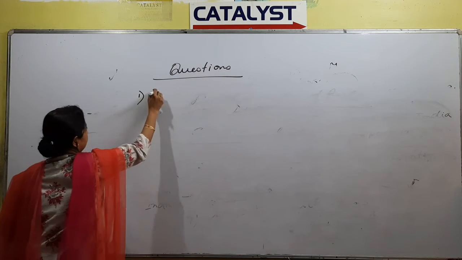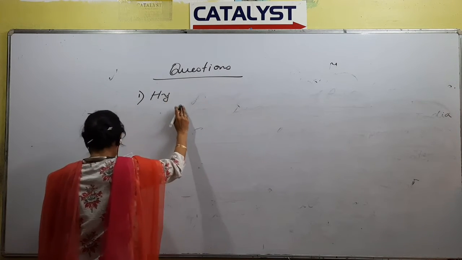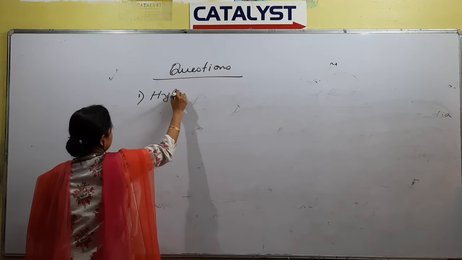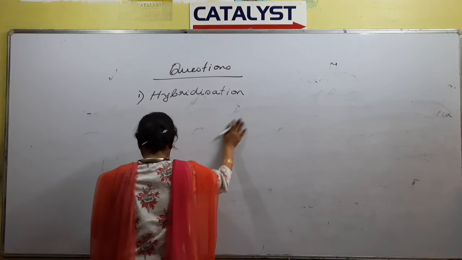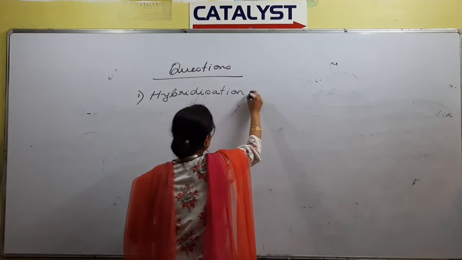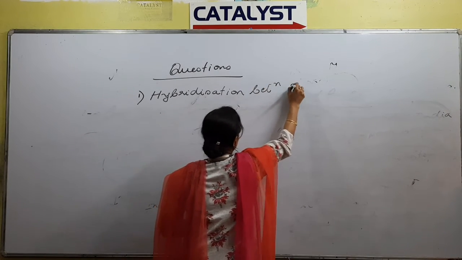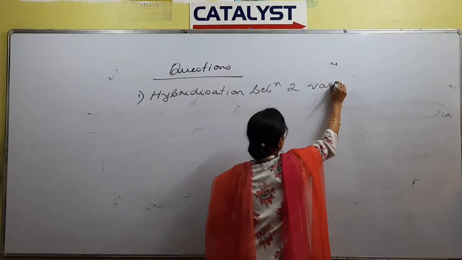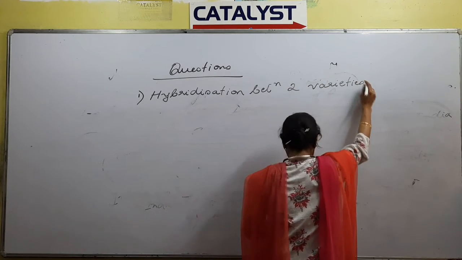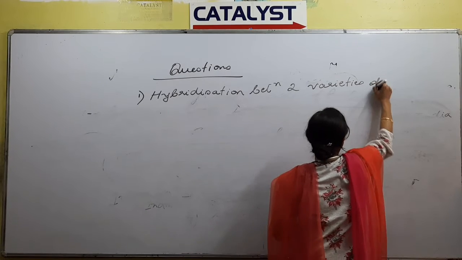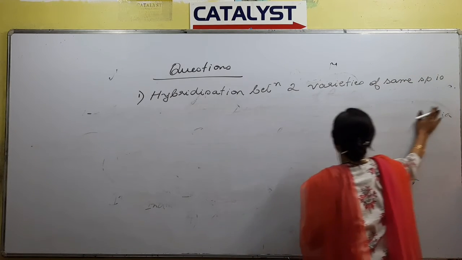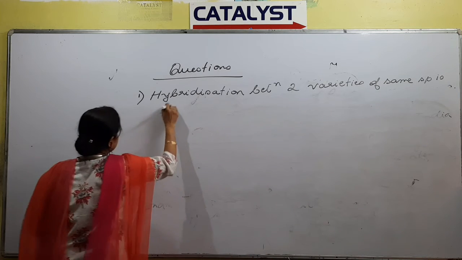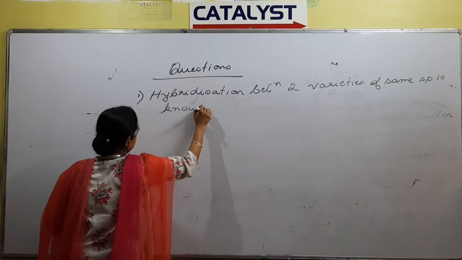First question is: hybridization between two varieties of same species is known as. Can you see the board properly?